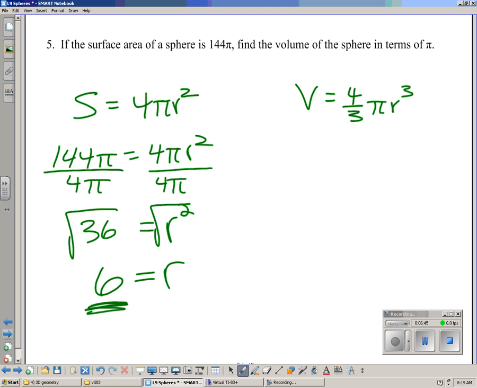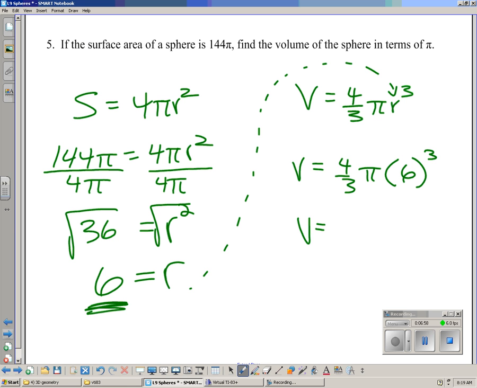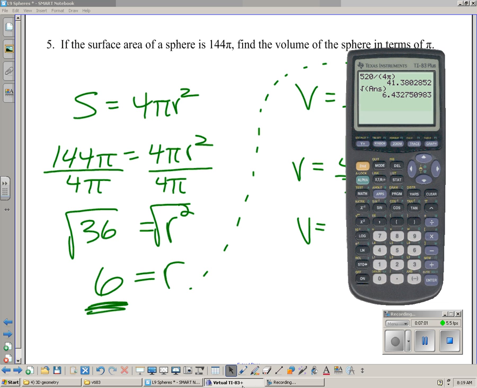Now, if r is 6, I can easily get the volume by coming over to the volume formula and plugging it in. So plug in the radius. So we get 4/3 pi times 6 cubed. And we can leave this answer in terms of pi, so we're going to multiply everything except the pi, which, if you notice, we've already done this problem too.